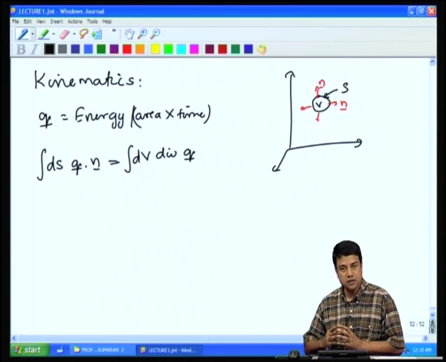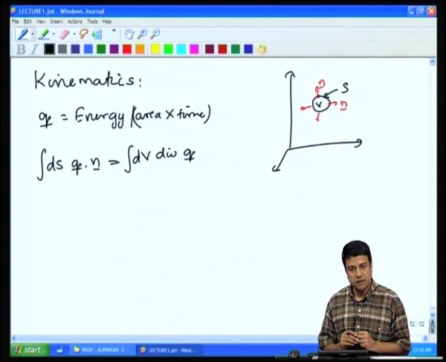Okay. This is true for any volume. However, if I take the volume going to 0, then the divergence of q at that particular point is 0. So, there is no source at that point. Okay. Similarly, if the divergence of q is 0 everywhere, there is no source at any location. Okay. Basically it tells you for a given volume whether there is an energy source within that volume or not.